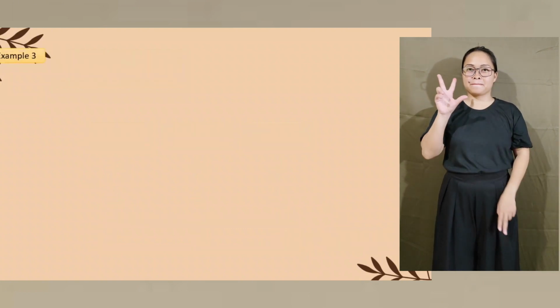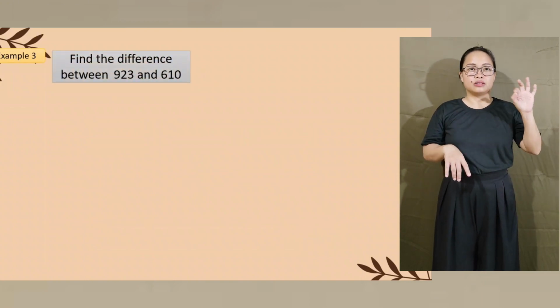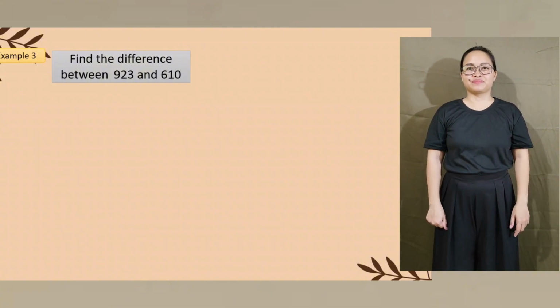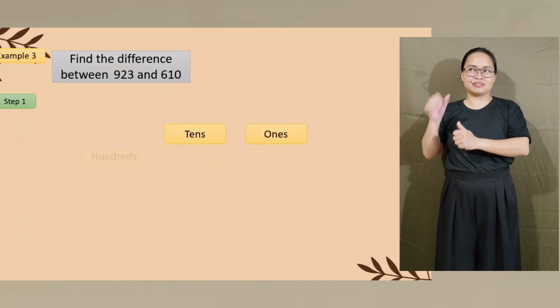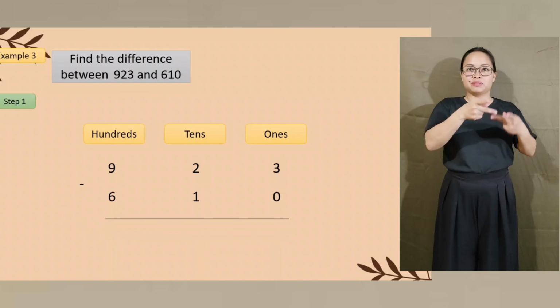Example number 3. Find the difference between 923 and 610. Now following the steps, let's align the digits to the respective places.